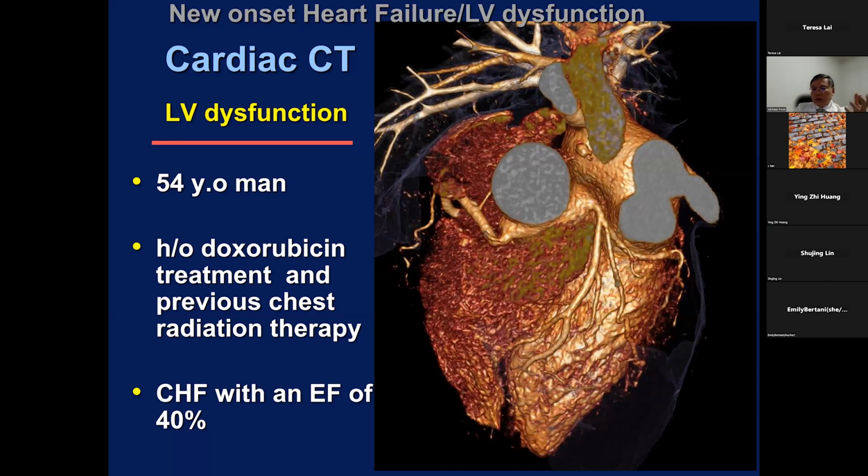That could cause weakness of the heart muscle, but no damage to the coronary artery. So this patient basically only needs supportive care. With all the great drugs that we have now, we can treat these patients very quickly and help to preserve the heart function.